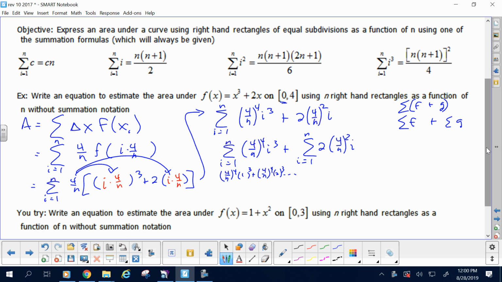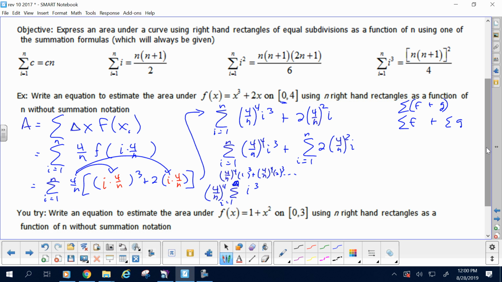So I think you'll agree that every term is going to have a greatest common factor of 4 over n to the fourth, and it's really just multiplied by the i cubed. So there's no reason I can't just take the 4 over n to the fourth out front and just focus on what's the sum of the i cubes? Because the counter's all about i anyway, not n.